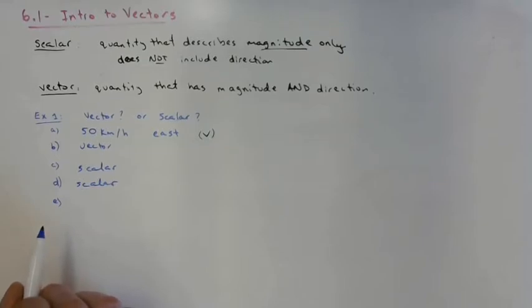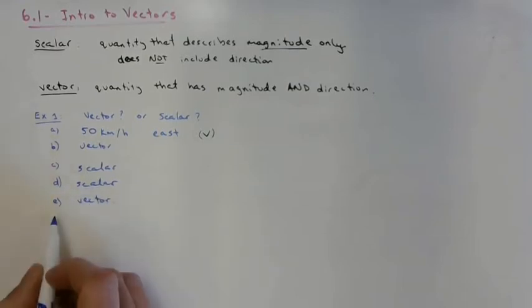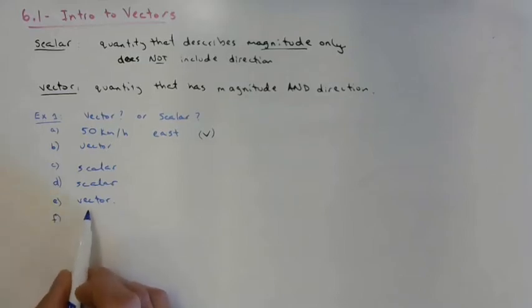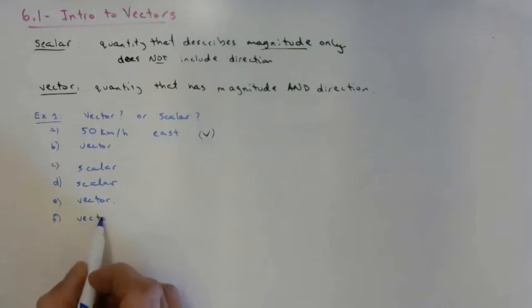E, a parachutist falling 20 kilometers per hour downward. Vector. So there we have an example of speed with direction, meaning it's actually velocity. F, acceleration due to gravity on Earth is 9.8 meters per second squared downward. Vector, and there we have acceleration.